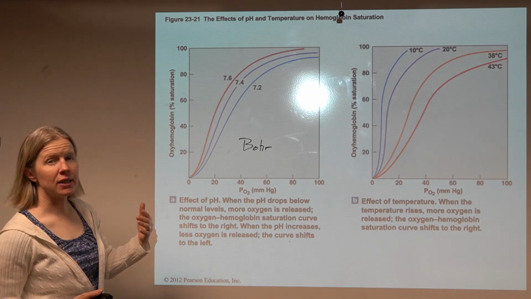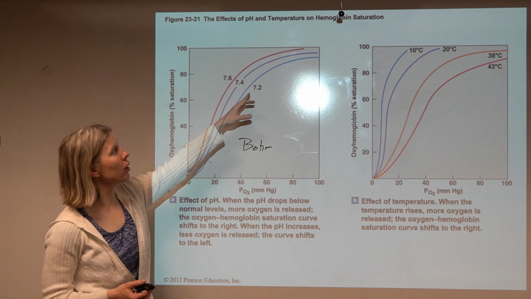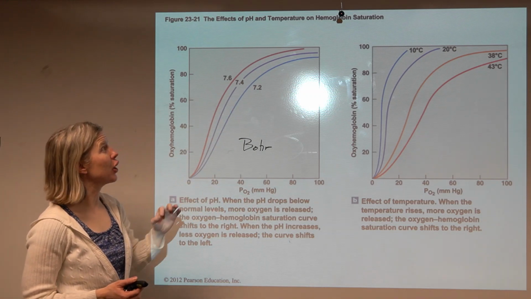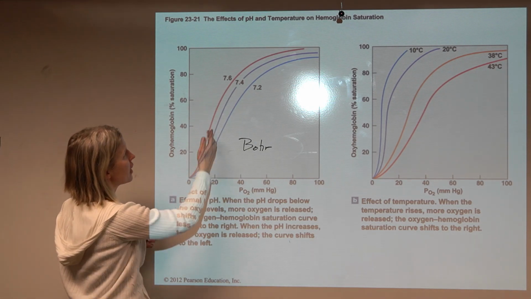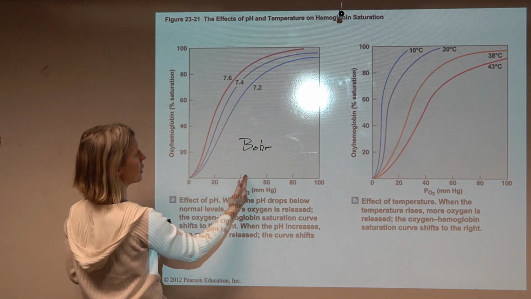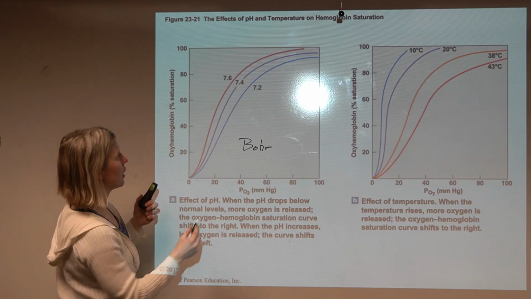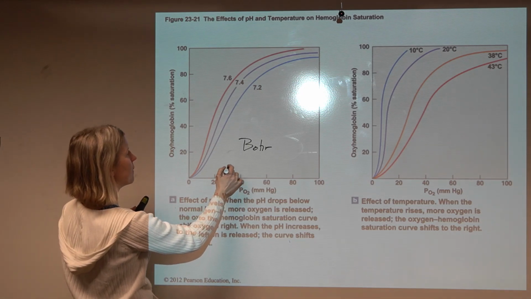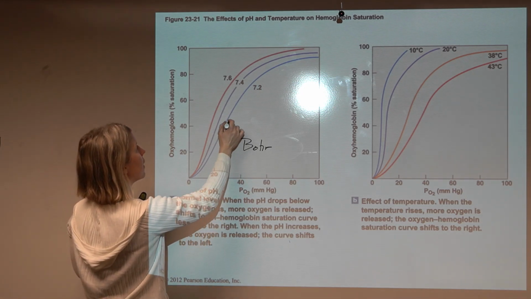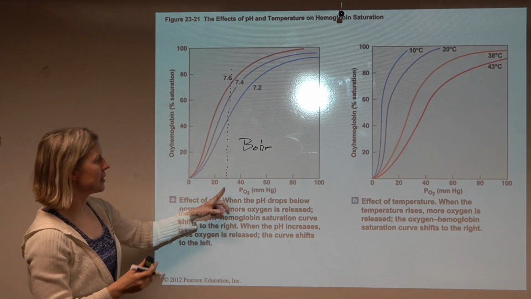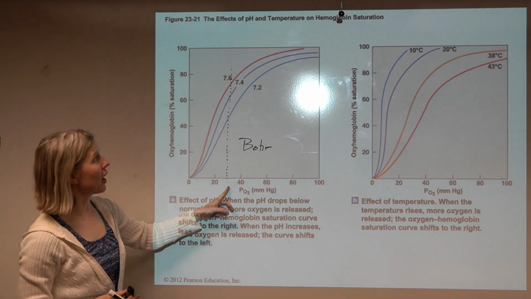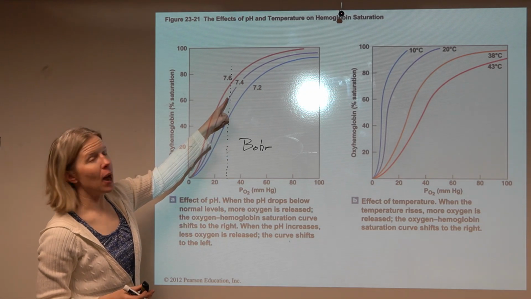Notice what happens in areas that are more acidic. This isn't a huge change, but if you looked at, let's do a dotted line here, the same partial pressure of oxygen, notice what happens.